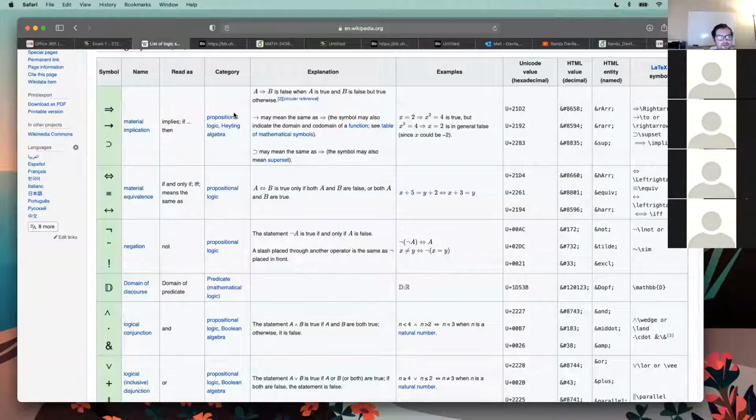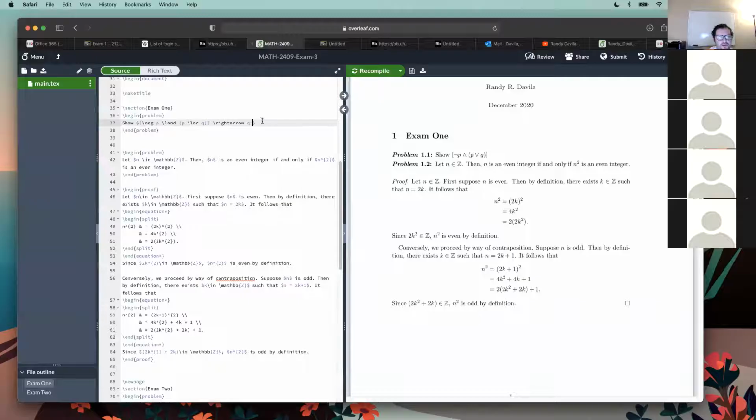And then what is logically equivalent? This right here. I can literally just copy that, come over here, and then capital T. Run that.